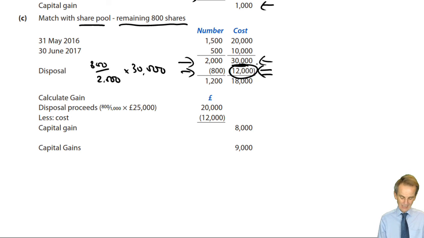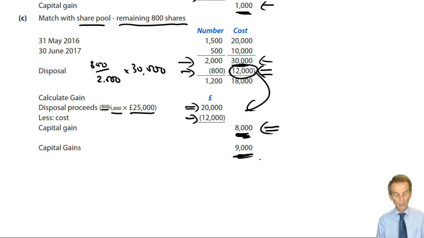Put that into your gains calculation. There's your cost of £12,000 coming from there. Your proceeds, the remaining 800 shares out of the total 1,000 sold, which were sold for £25,000. There's your remaining £20,000 of proceeds. 20 less 12 is £8,000. That gain on top of the £1,000 gain there, your total gains on disposal £9,000. Thank you very much. Job done, as we say.